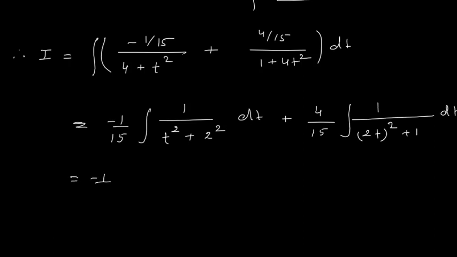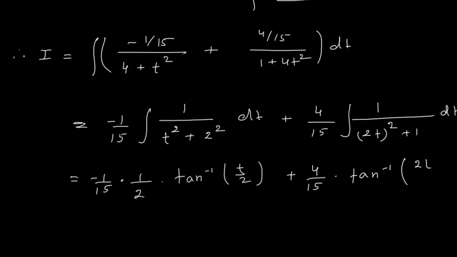So this is minus 1 upon 15 into 1 upon a, that is 1 upon 2, into tan inverse of t upon 2, plus here it is 4 upon 15 into tan inverse, the value of a is 1, so 1 upon 1 is 1, tan inverse of 2t upon 1.